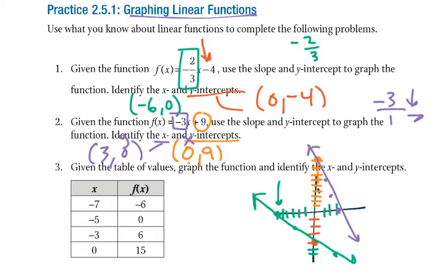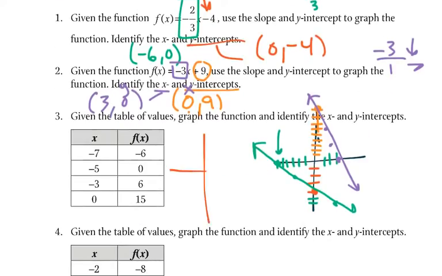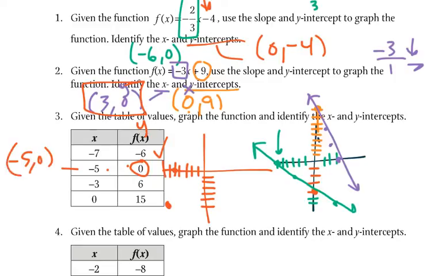Okay, which on the next one it says, given the table of values, graph the function and identify the x and y-intercepts. Okay, so remember, with the table we can just graph the points. So negative 7, negative 6. That would be that point. Okay, negative 5, 0. Notice the f of x or y value is 0, which tells us that should be our x-intercept. So negative 5, 0 would be right there.